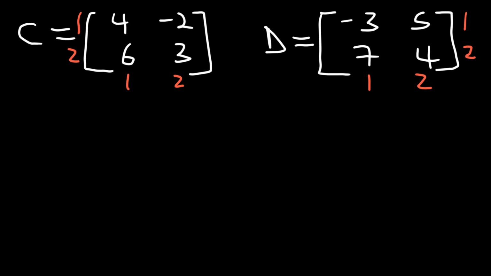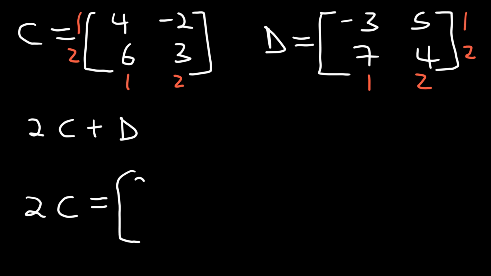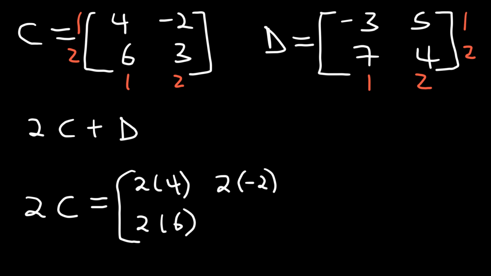Now what if you were told to find 2C plus D? First of all, we need to find 2C. To find 2C, we need to multiply all the elements in matrix C by 2. Therefore, we shall have 2 times 4, and then 2 times negative 2, and then 2 times 6, and lastly 2 times 3.